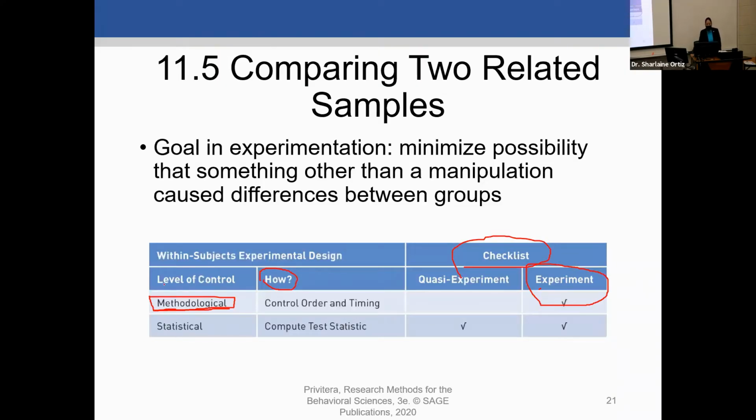Now, if we revert back to our presentation, notice if you look towards the bottom of your screen, we can also exert a level of control regarding the statistical procedures. But how exactly are we going to exert this control? Well, we can do so by computing the test statistic.